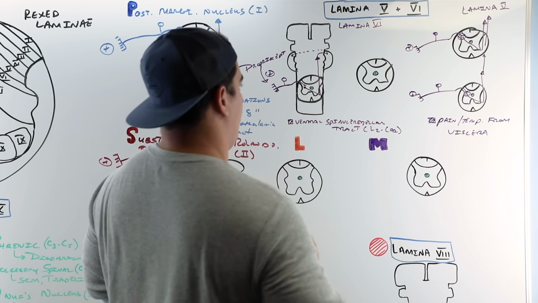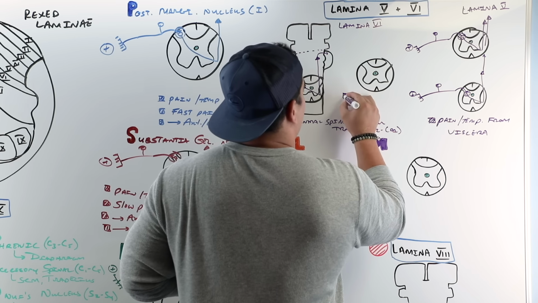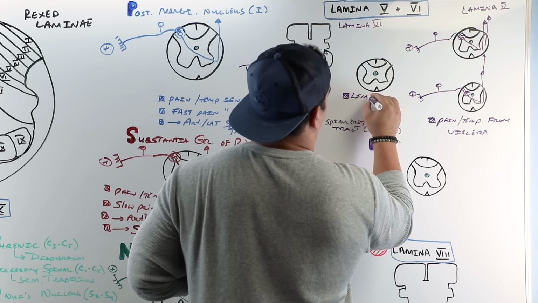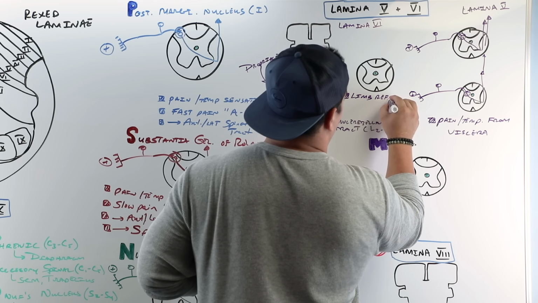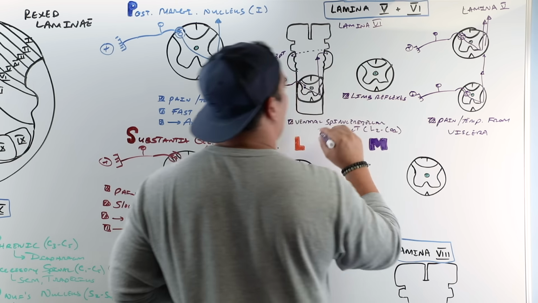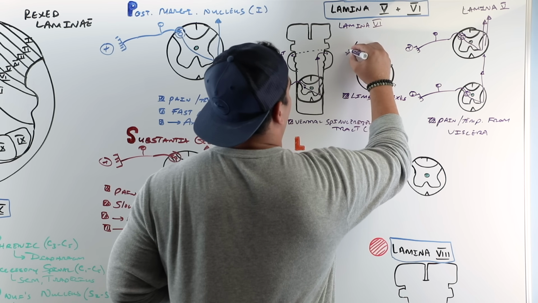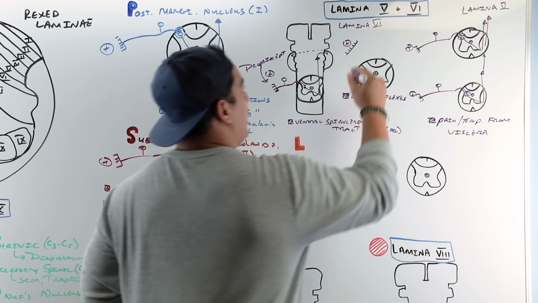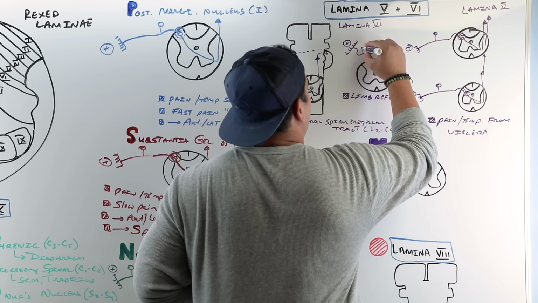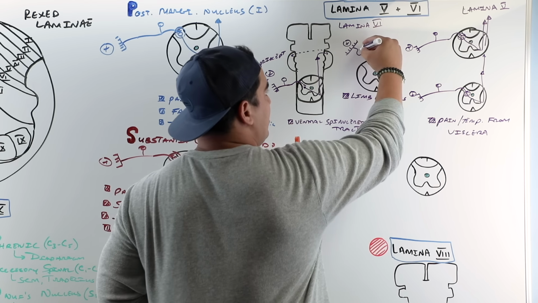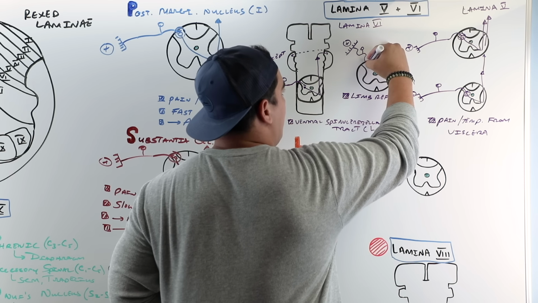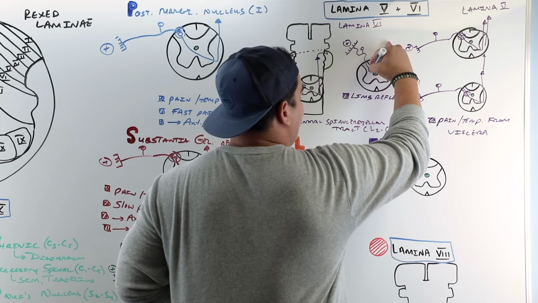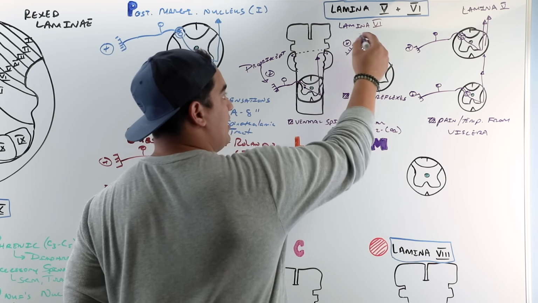The second thing I want you to remember is that lamina 6 is also involved in limb reflexes. So if you have some type of painful stimulus, let's say you poked your hand or you stepped on a nail, there's going to be a stimulus to a particular receptor that's going to come into your dorsal gray horn. It's going to synapse on cell bodies in lamina 6.